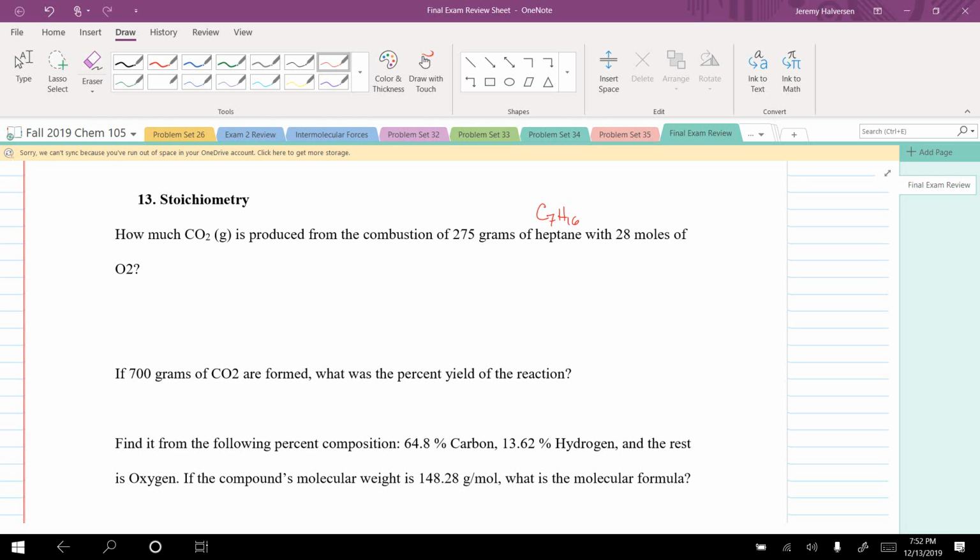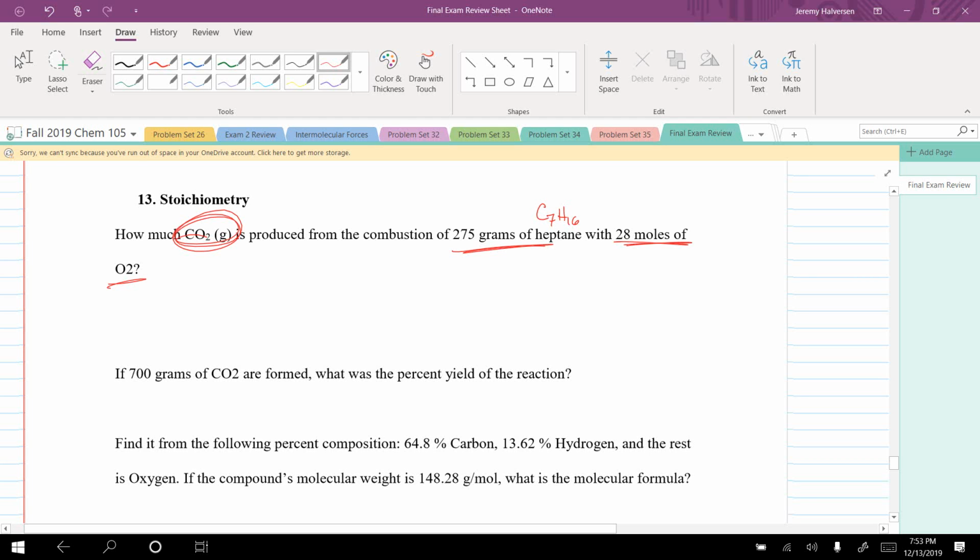So, what tells me that I need a reaction equation? Somebody said stoichiometry. Yes. Okay. But what else? What about this question? What tells me is that it asks for CO2, and it gives me information about heptane and O2. Those are different things.